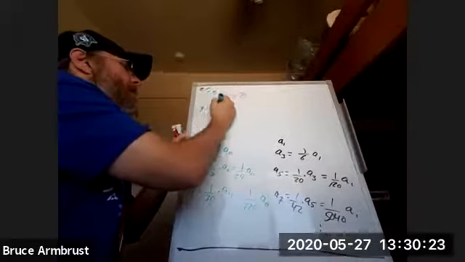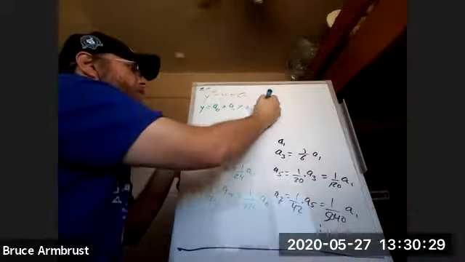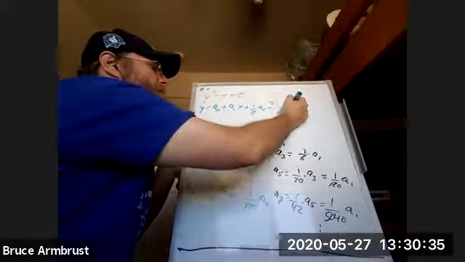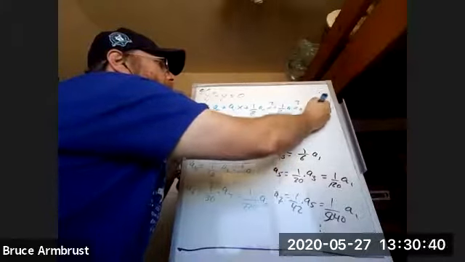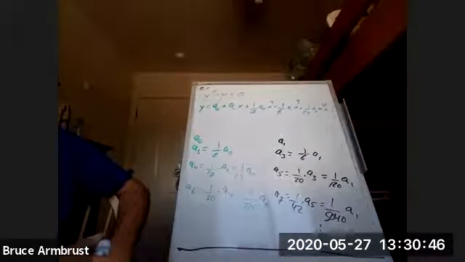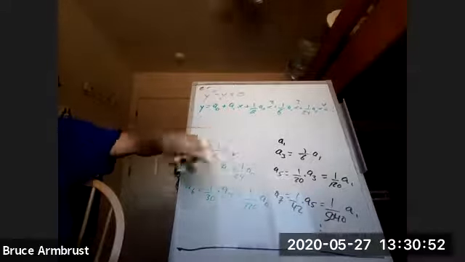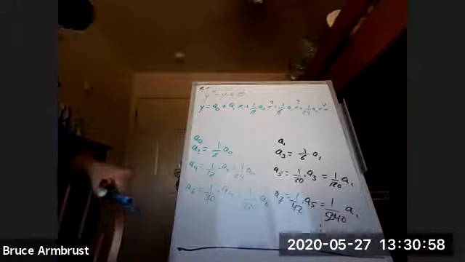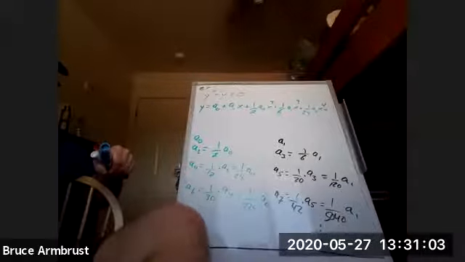Y is going to equal A0 plus A1 times X plus 1/2 A0 times X squared plus 1/6 A1 times X cubed plus 1/24 A0 X to the 4th plus, and so on down the line. Notice that all I'm doing is taking these A's that we calculated and multiplying them by X to the n. So there's the solution to this.